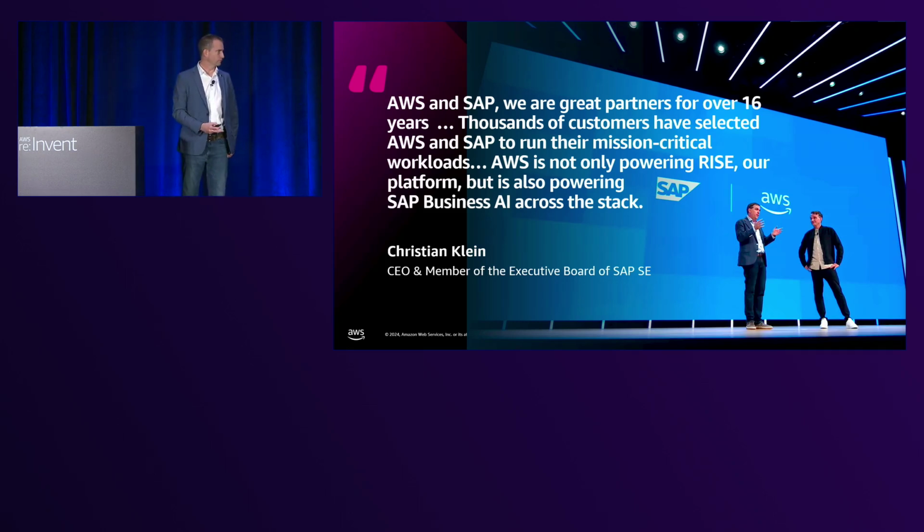So here we have Christian Klein and Matt Garman, our CEOs, on stage at Sapphire this summer in Orlando. It's probably worth pointing out that AWS was the first hyperscaler that SAP partnered with, and during this time we've released numerous joint products, co-engineering.